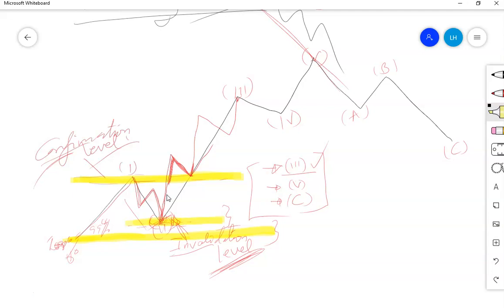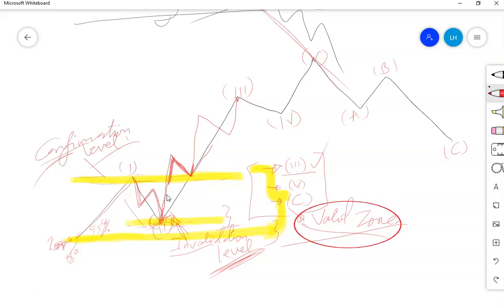Combining the confirmation level and the invalidation level, the area between the confirmation level and the invalidation level is known as the valid zone. Why is it known as the valid zone?